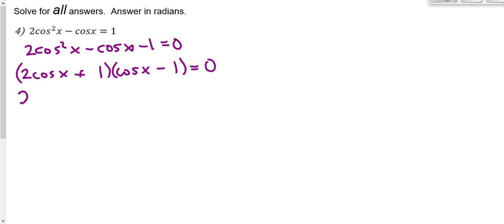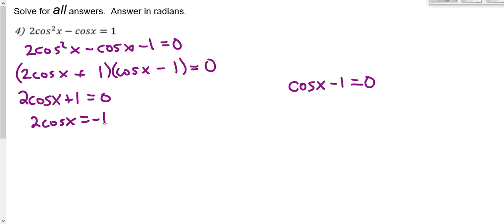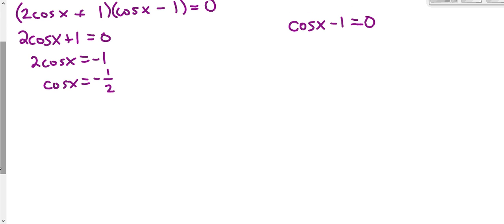Set each factor equal to 0. And then let's solve the first one. So we get 2 cosine x equals -1. So cosine x equals -1/2. So we take the inverse cosine, and then we think about which quadrants we're in.